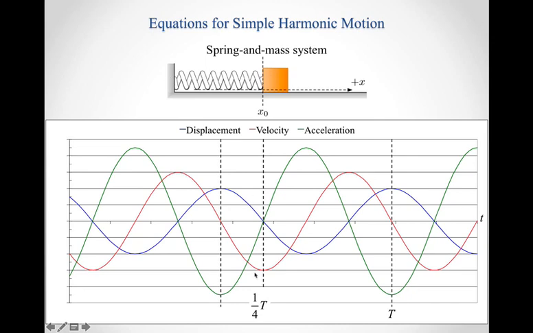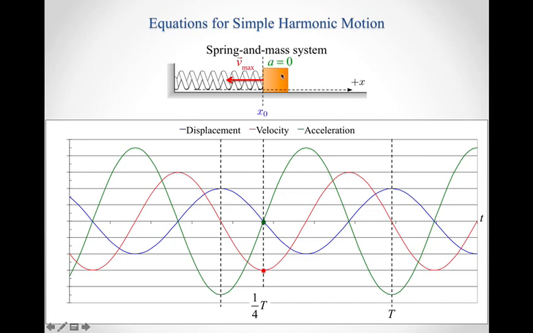Here I've come 1/4 of the way through my cycle, and I'm at equilibrium, so my position is 0. My mass is traveling with its maximum velocity in the negative direction. It's moving as fast as it ever will, and sure enough, that's what I see in the curve. It's at its maximum value, and it's negative.